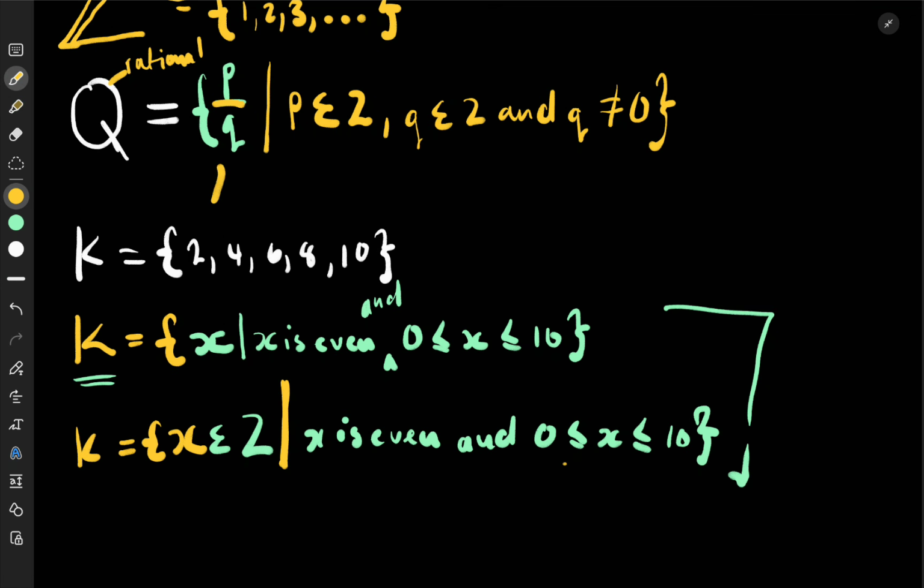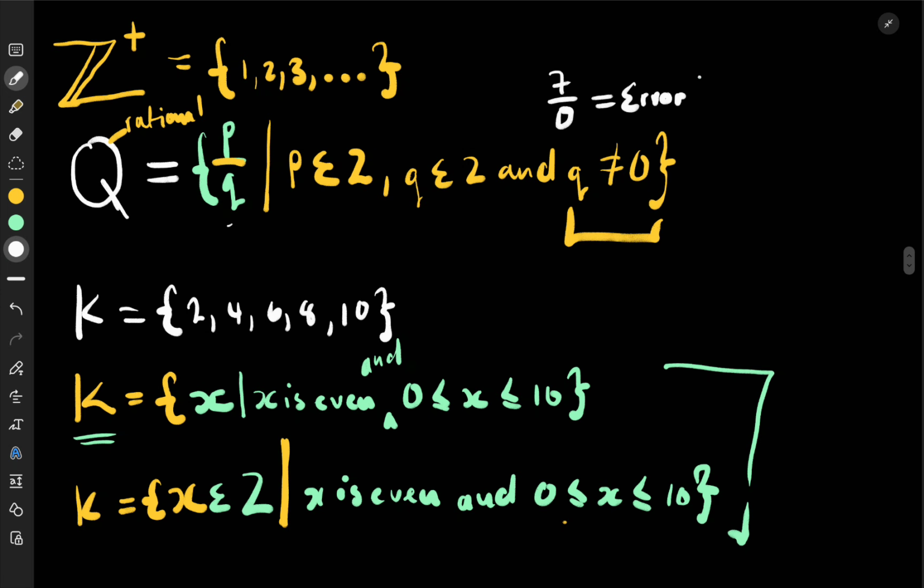The bottom can't be a 0, so that is why we have taken 0 out of it, because we know that integers include 0, but we can't have a 0 in the denominator because if you go and punch in the calculator 7 by 0, you get an error message. So we can't have a 0 in there because it will make our fraction undefined. So any fraction that has 0 as a denominator is undefined. But as a numerator, we can. 0 divided by 7 will just give us an answer of 0. So as a numerator, we can.